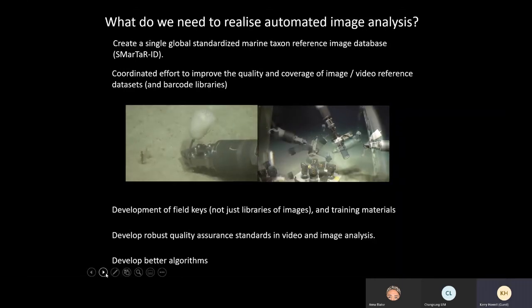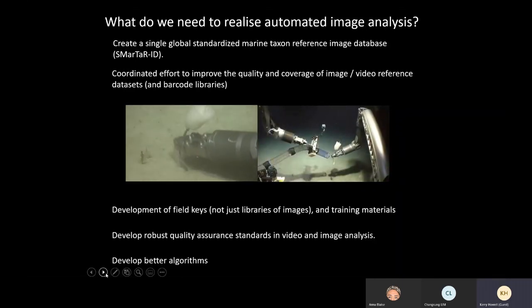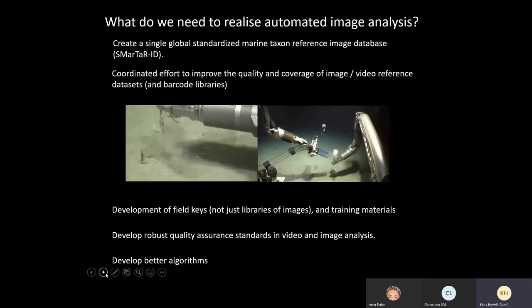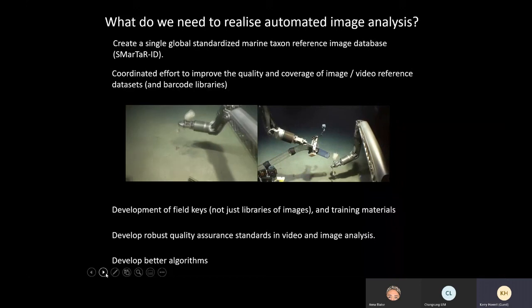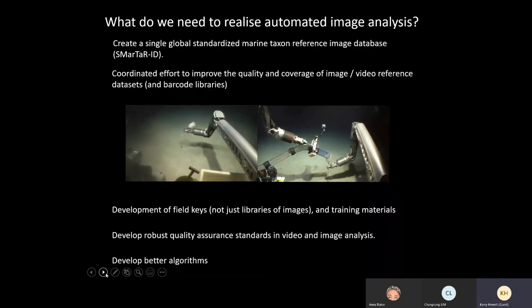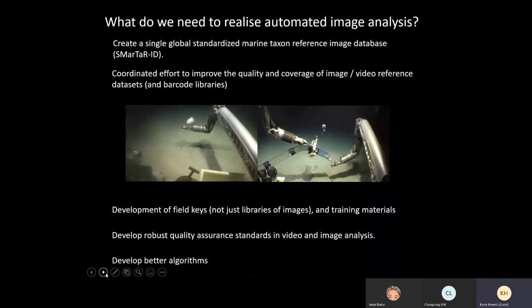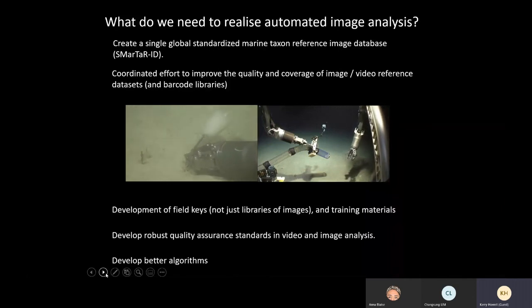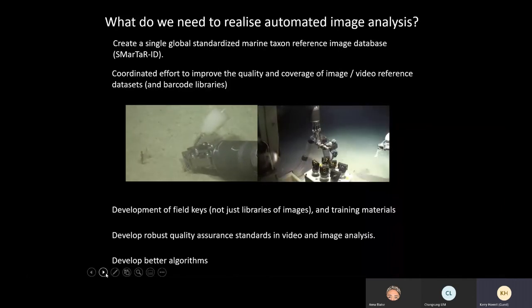We also need robust quality assurance standards in video and image analysis. When you want to pool data sets together, even if you have a single reference library, you still need to account for observer bias. And the only way to do that is to have cross training on each other's material and to ensure that those standards are compatible between studies.